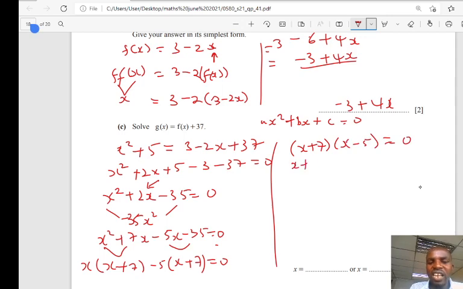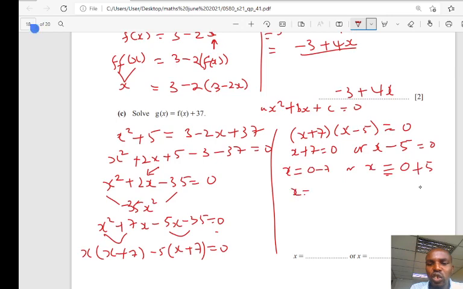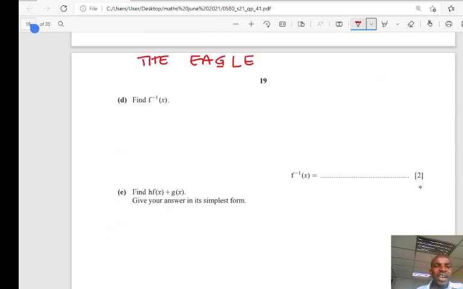Either x plus 7 is equal to 0 or x minus 5 is equal to 0. X is equal to minus 7 or x is equal to 5. So it's minus 7 or 5. 4 marks. Done.